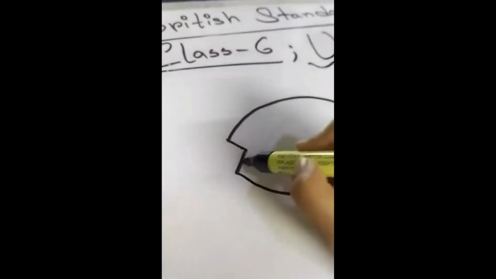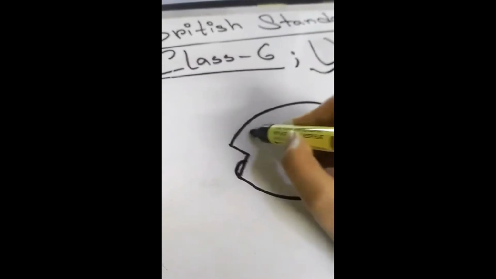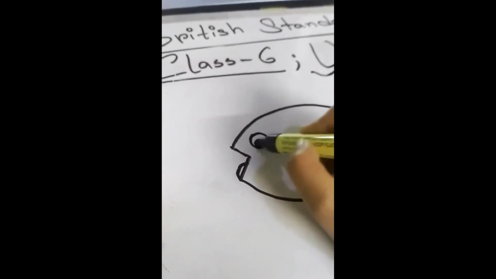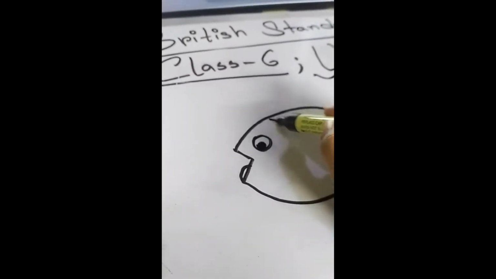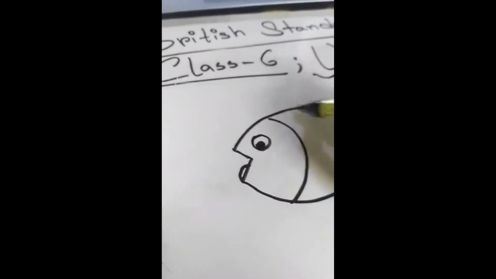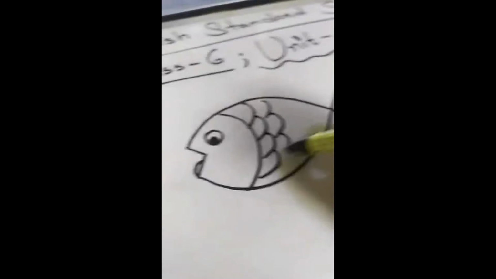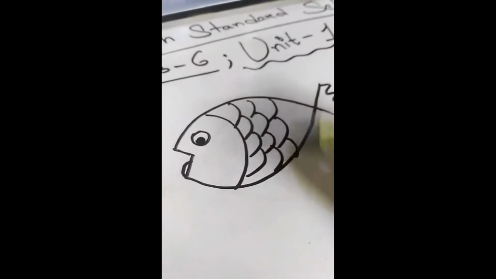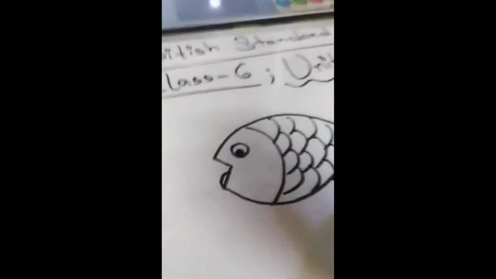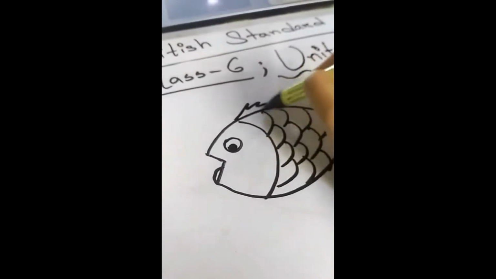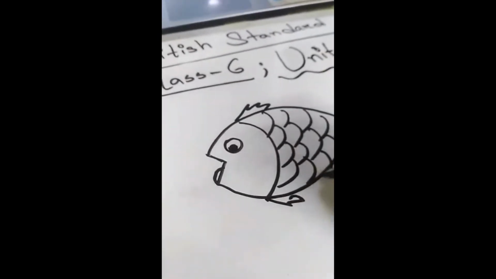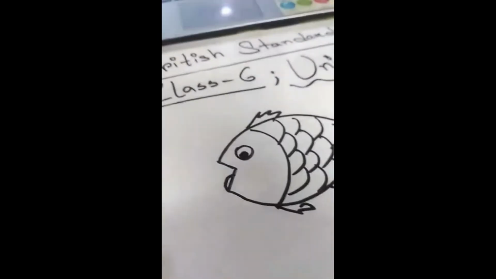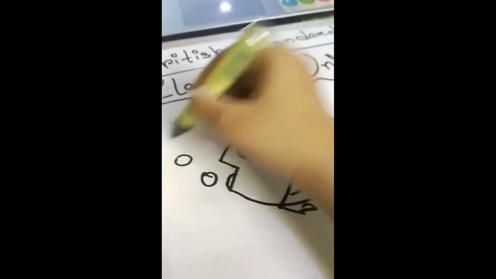This is the tail, the mouth, the eye, the gill slits and scales. These are the fins. Water, some bubbles.